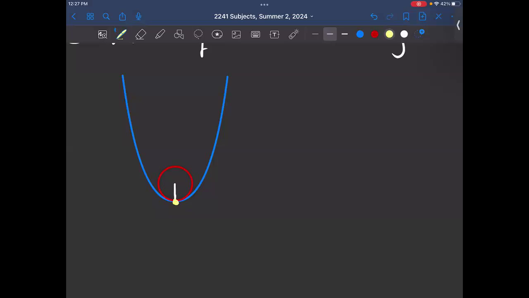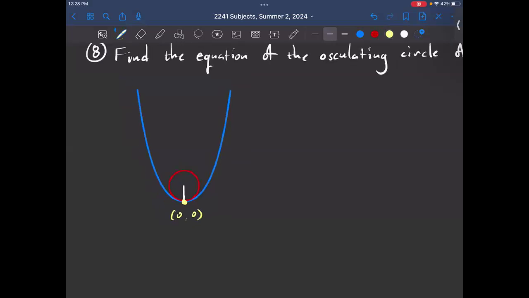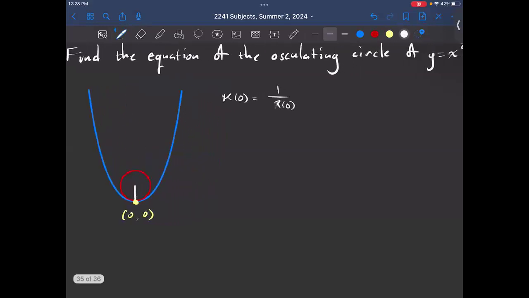So once we find the radius, we can figure out the center because we know that this point is 0, 0. All right, well, how do we find the radius? Well, remember that the curvature at 0 is 1 over the radius at 0.